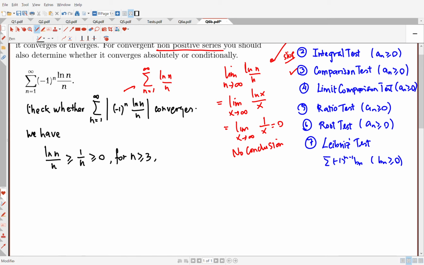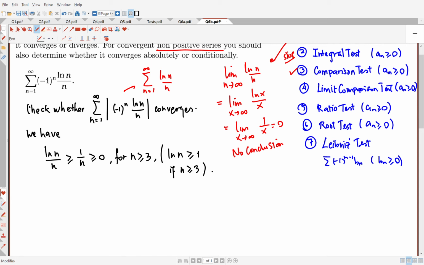Right? So, okay, this is because ln n is bigger than or equal to 1 if n is bigger than or equal to 3.